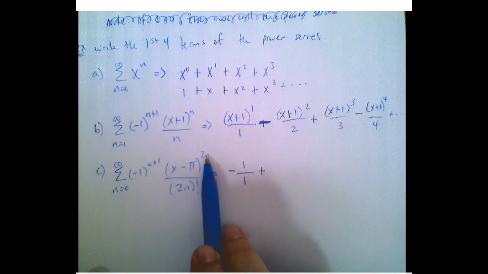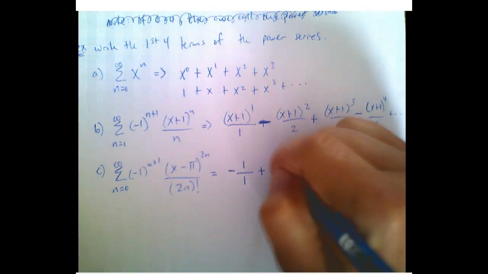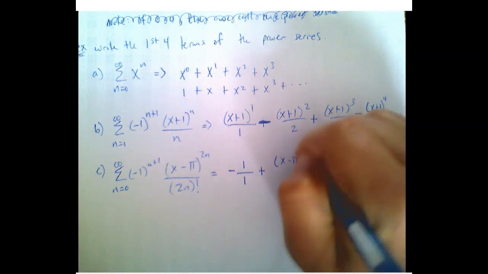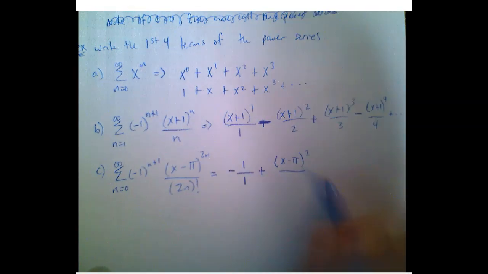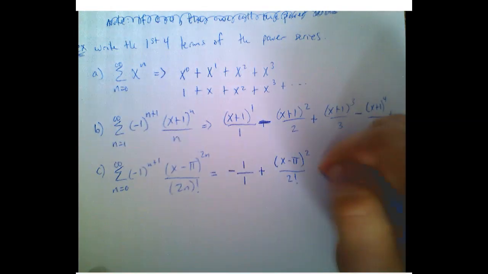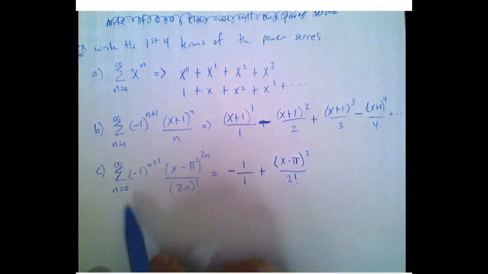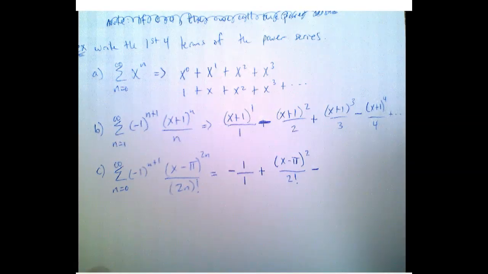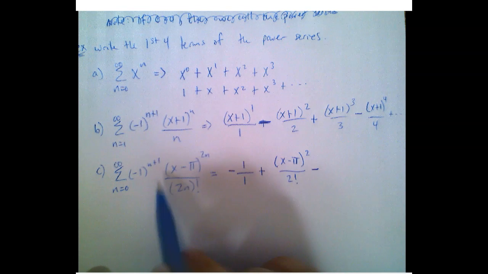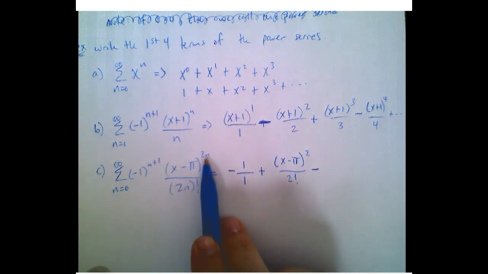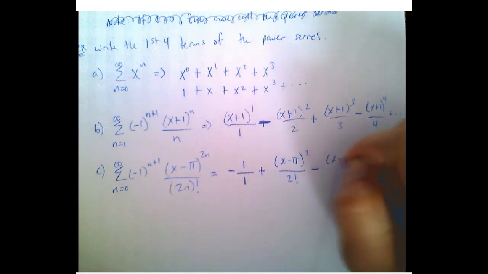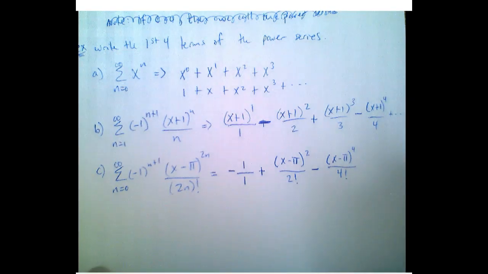If n is 1, we get second power over 2 factorial. Of course, we'll have some alternation. When n is 2, we get to the fourth power over 4 factorial.